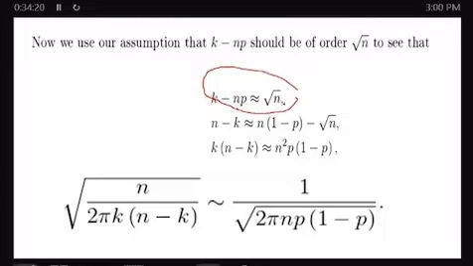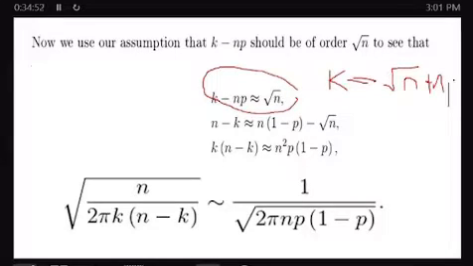Now, if K minus NP is approximately this, then what is n minus K? If I want to have n minus K, what is K from here? K here will be equal to square root of n, right? Plus NP.